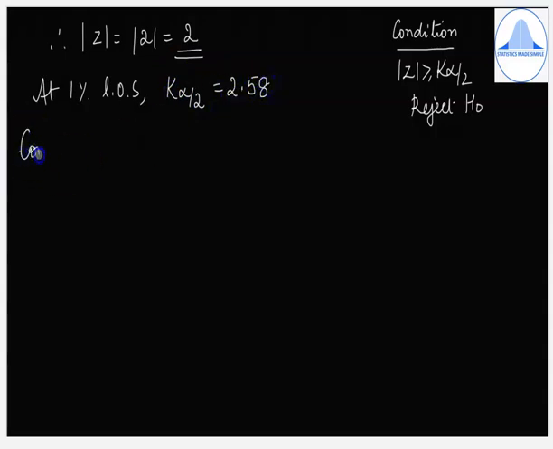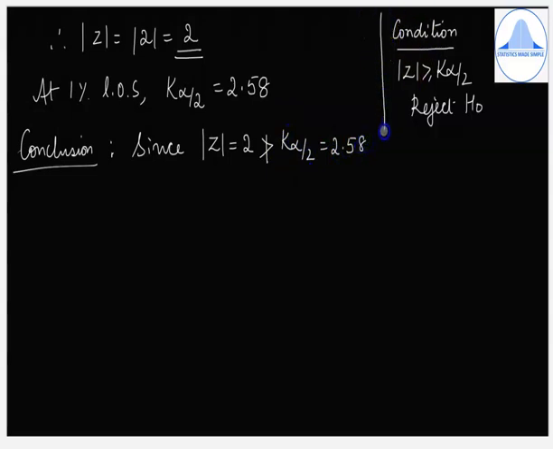So now let us write the conclusion. So you have to compare mod Z with K alpha by 2. So since mod Z is equal to 2, it is not greater than K alpha by 2, which is equal to 2.58. So at 1% level of significance, if it was greater, then you would have rejected H naught, but 2 is not greater than 2.58.